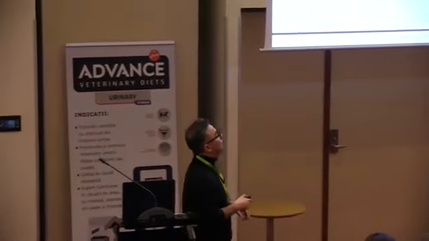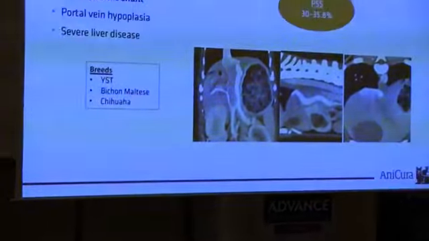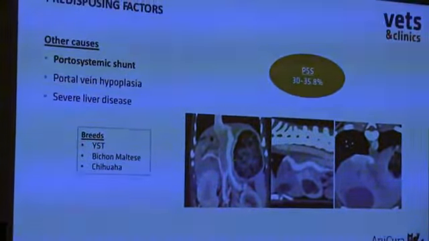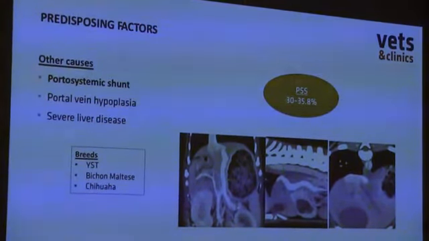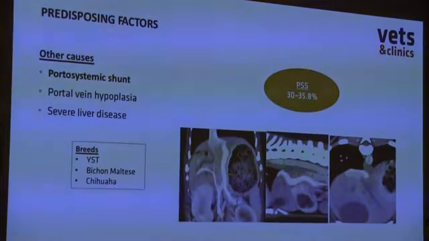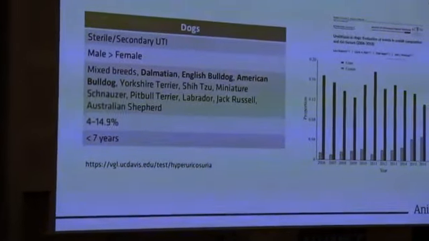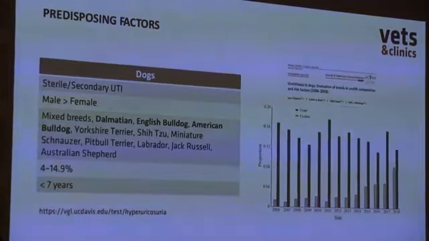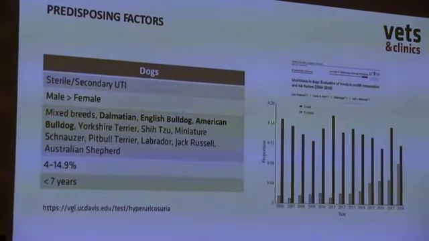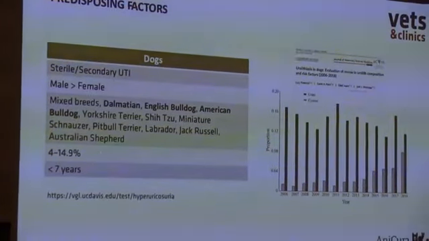Another main cause is the portosystemic shunt. You can see a patient of mine with urate, and the prevalence is 30 to 35%, so it's very important to check this in patients with portosystemic shunt. It is more frequent in males, and females can have secondary UTI, and you can find it in all these patients, okay?